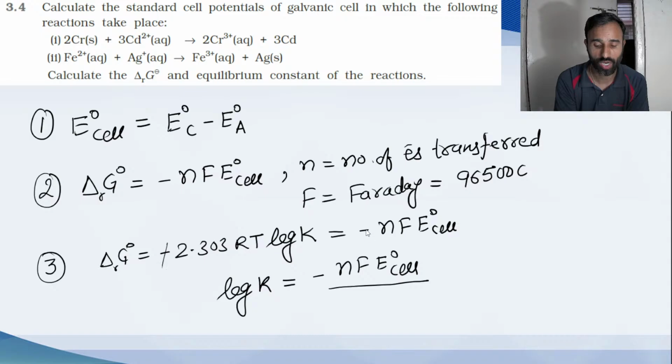See, minus minus cancel, just remove it. So log K equals n F E naught over 2.303 R T. Or we can say E naught cell is equal to 0.059 over n into log K, where standard temperature is 298 Kelvin.